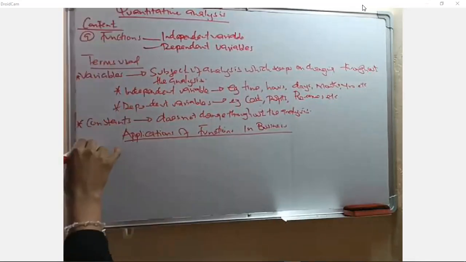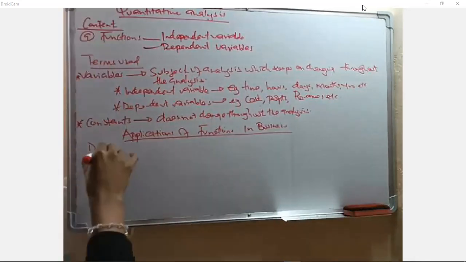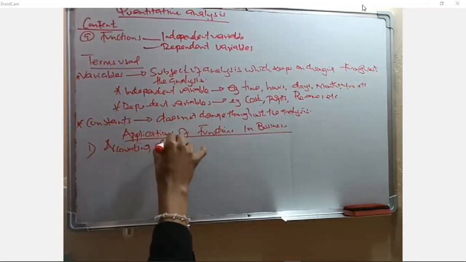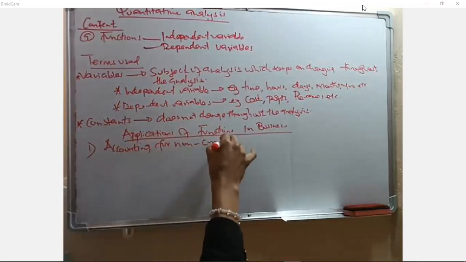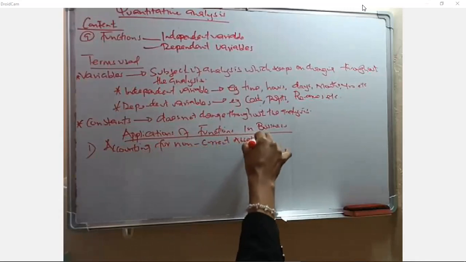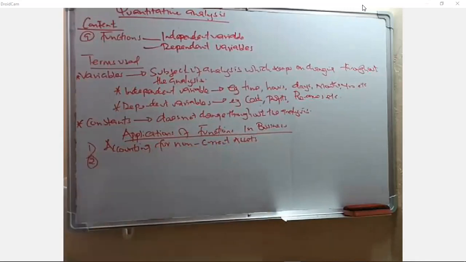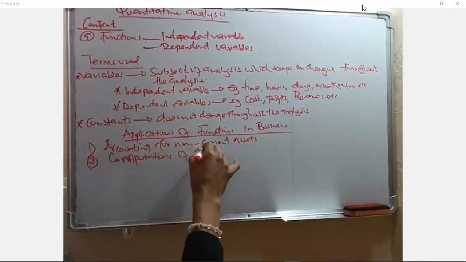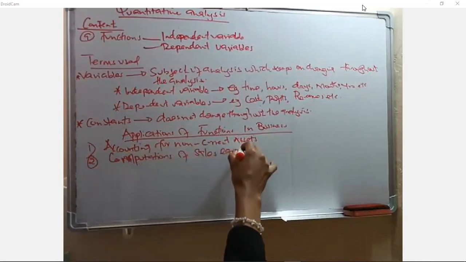Number one, accounting for non-current assets. Number two, computation of sales earnings.